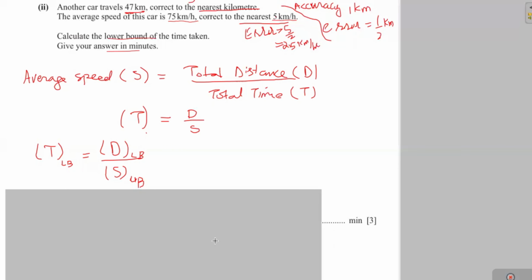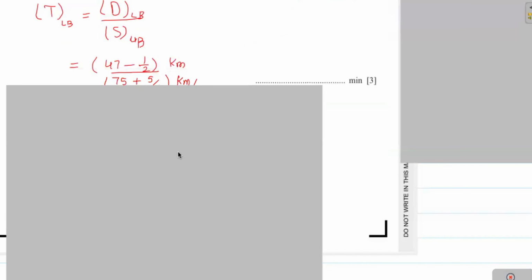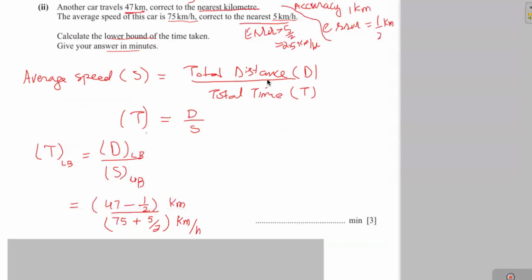When we calculate the lower bound distance, we will subtract 1 over 2 kilometer from the total distance. And to get the upper bound speed, we will add this error value to the actual value. Look here, the distance is 47 kilometers, plus or minus half a kilometer.